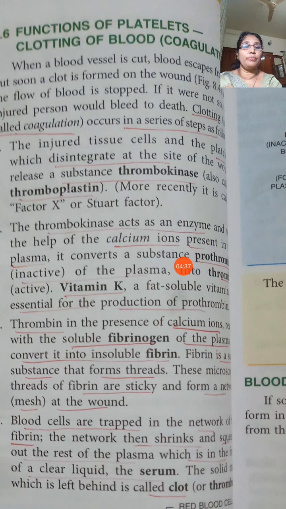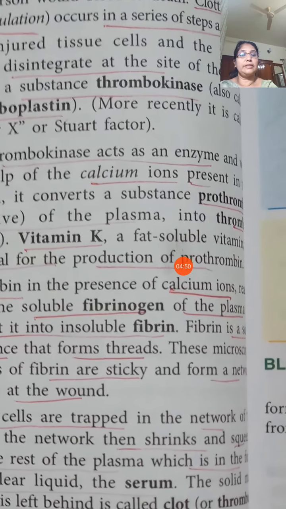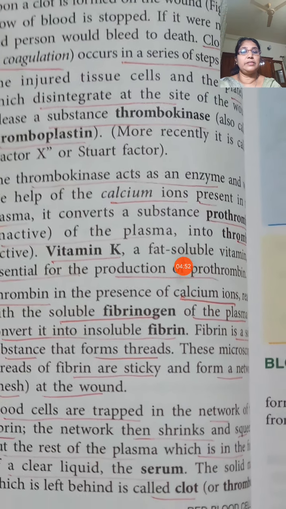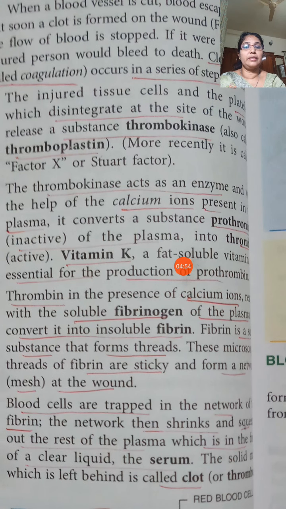That is, prothrombin, fibrinogen, etc. are present in the blood plasma. Fibrinogen of plasma converts into fibrin. Fibrin is a substance that forms threads. That is an insoluble substance, forming thread-like insoluble threads.